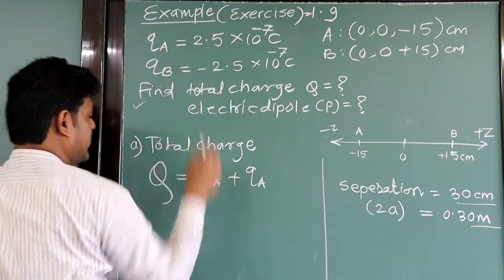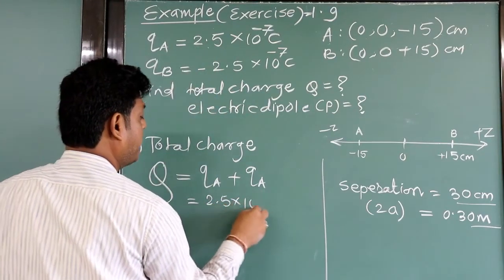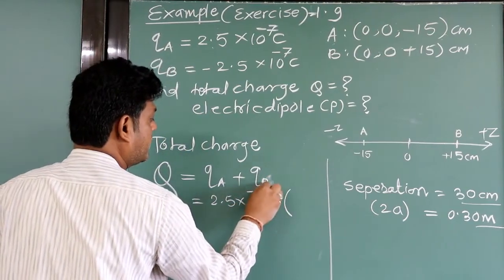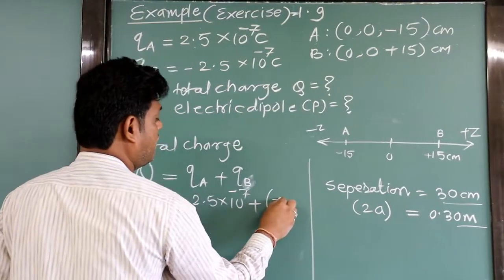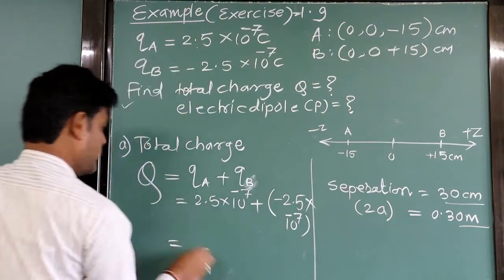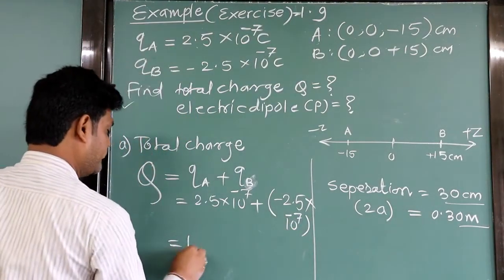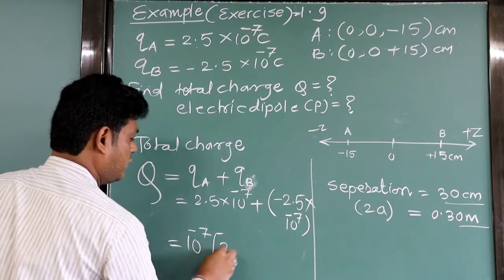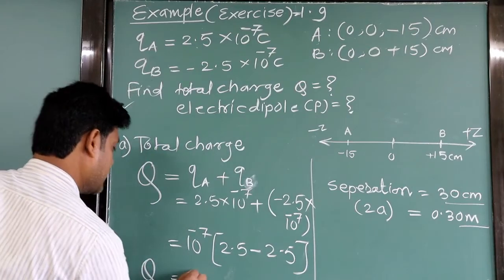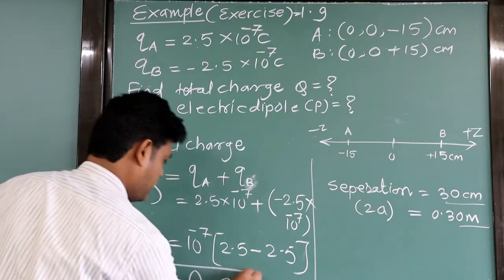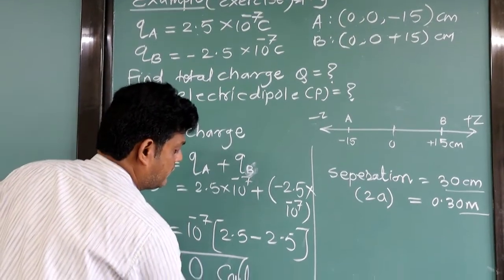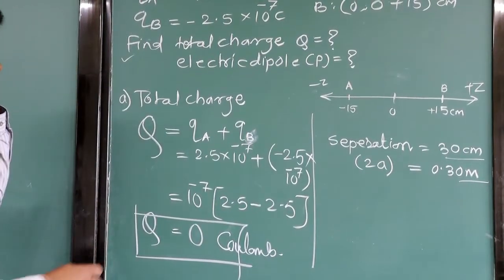QA is 2.5 × 10^-7, and QB is minus 2.5 × 10^-7. Taking 10^-7 common, 2.5 minus 2.5 becomes 0. So the total charge is 0 coulomb. This is the first question.